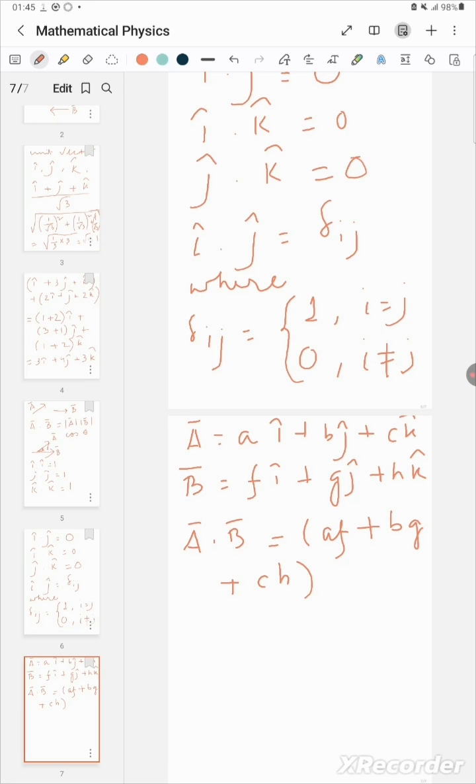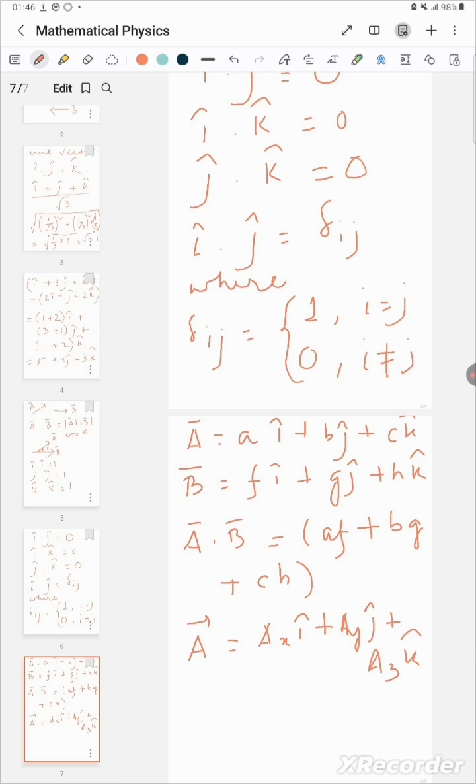Now let us try to find some unit vectors. We have been talking about i cap, j cap, k cap. What if a vector like A is equal to ax i cap plus ay j cap plus az k cap is given? We need to find a unit vector of this vector.